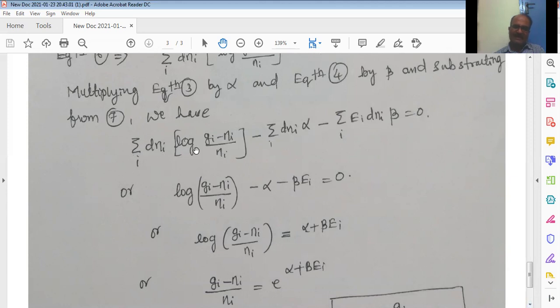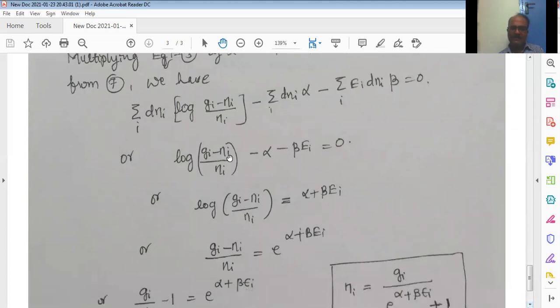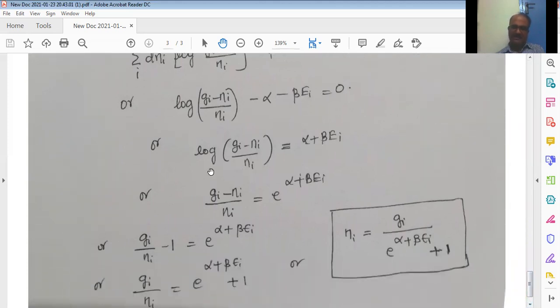Next, summation of dNi is common in all the terms, so it is taken out and sent to the RHS. It goes to 0. So we are left with this, and you take this minus alpha minus beta Ei to the RHS side. The above equation becomes log of Gi minus Ni divided by Ni is equal to alpha plus beta Ei, and you remove the log on the LHS side.